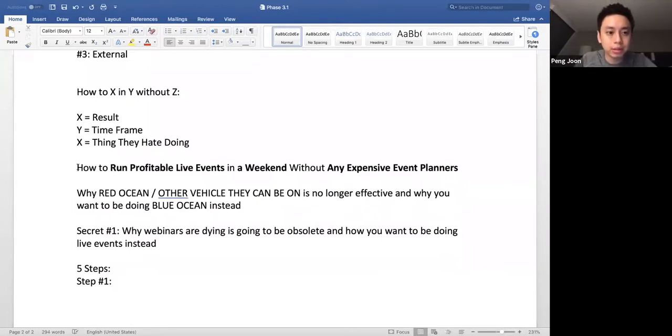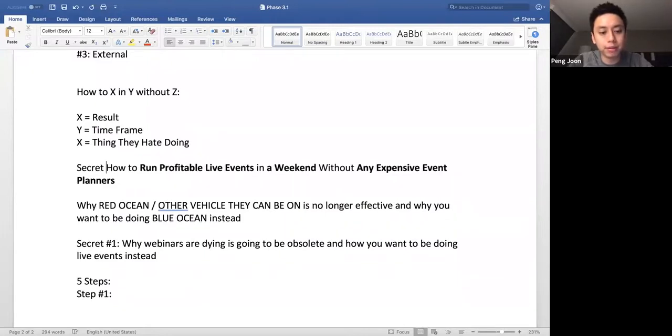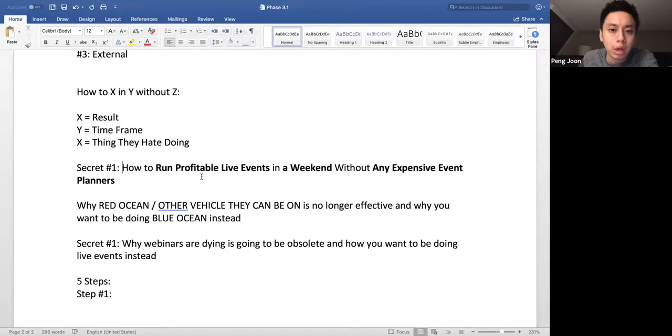So for this secret on how to run profitable live events, what is the objection about the vehicle? Even if I want to do profitable live events, I can still just hire an event planner to do it all for me.